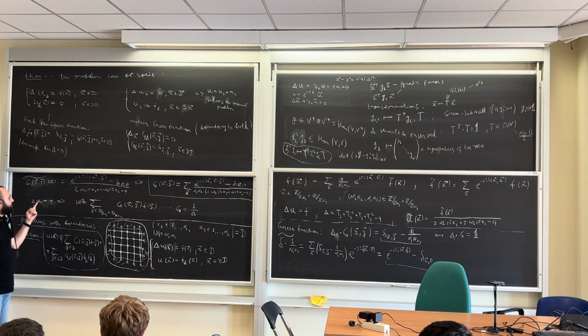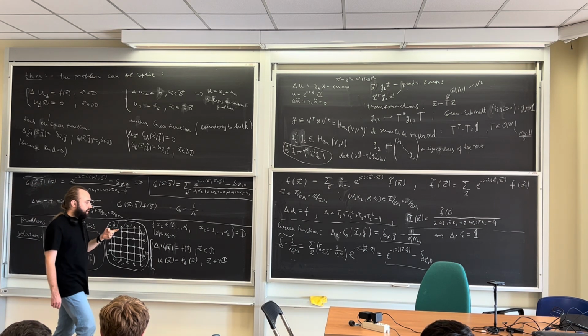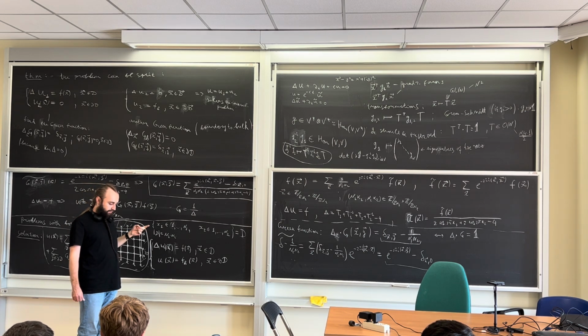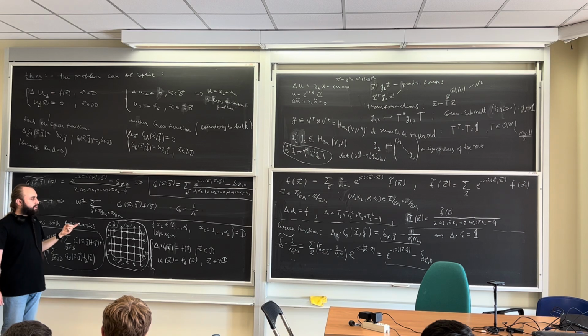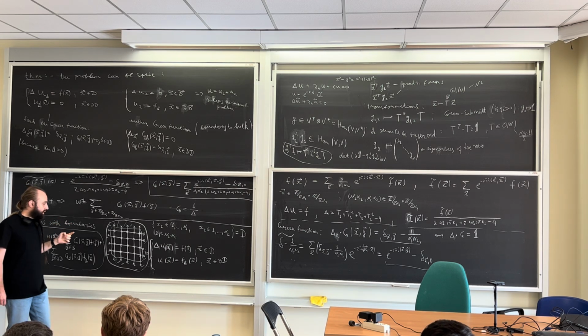For example, if you want to find this Green function in a similar way, we can still use the Fourier transform, but we need to modify it a little bit.